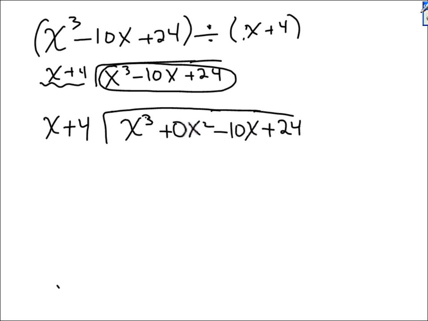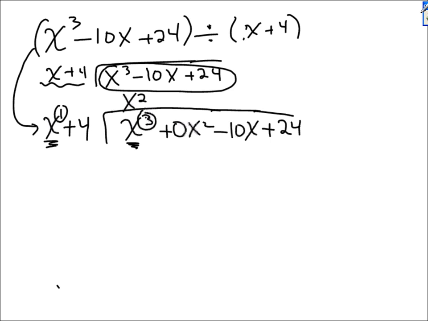So you go from the top line right to this. Now you ask yourself, how many times does x go into x cubed? That is, what do you multiply x by to get x cubed? Now, the power of x is 1. Just ask yourself, 1 plus what gives you 3? And the answer is 2.